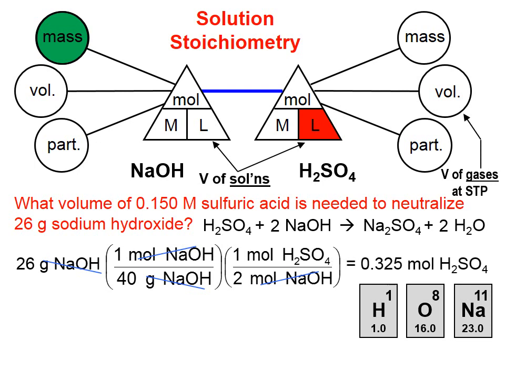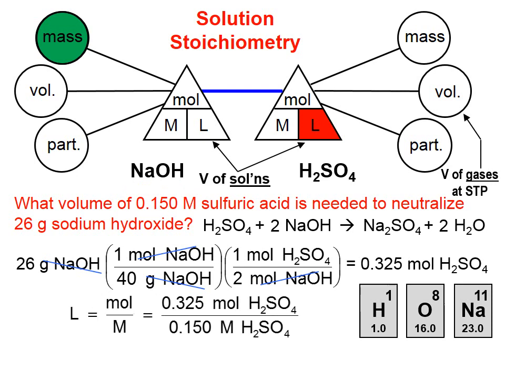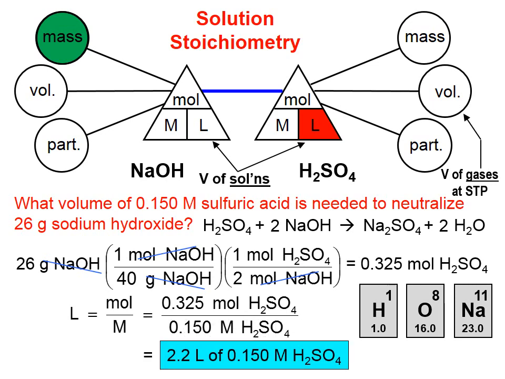And that's going to give us 0.325 moles of H2SO4. So now what we know is the number of moles of H2SO4, and our problem tells us the molarity, 0.15 molar. Liters is moles divided by molarity. There's the number of moles, there's the molarity, 2.2 liters.